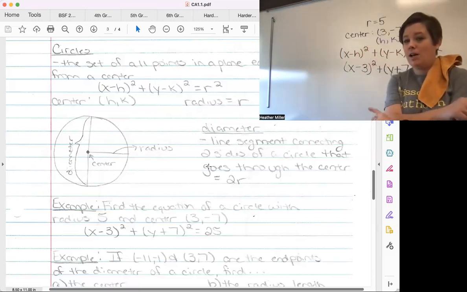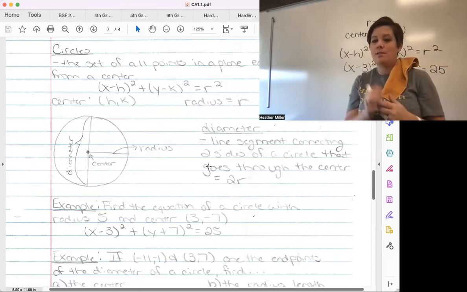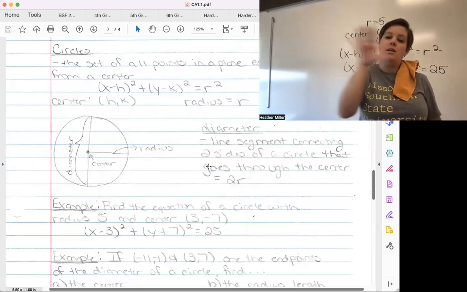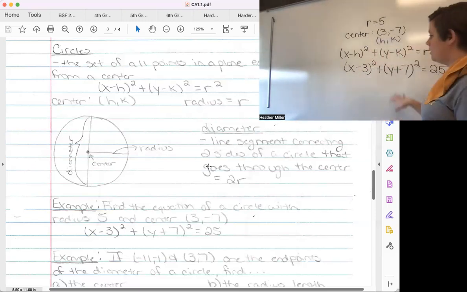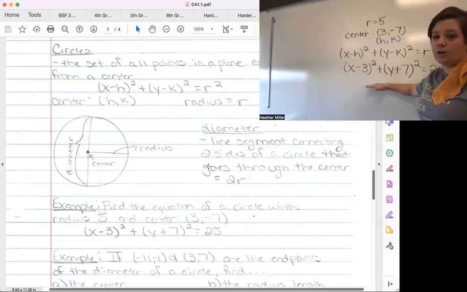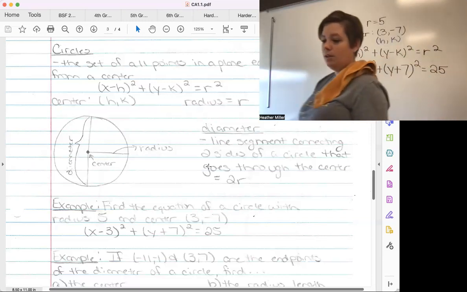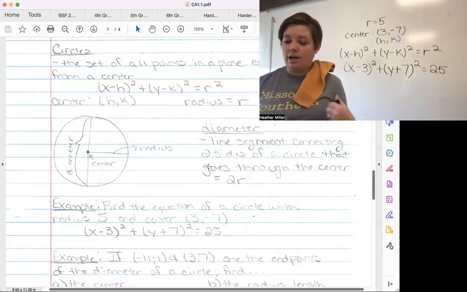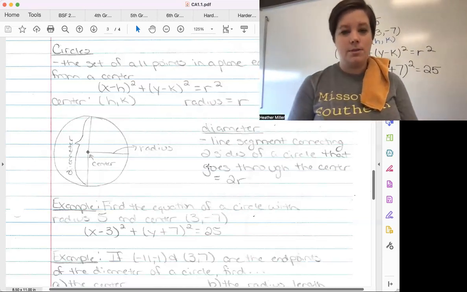And I see that happen a lot, where students will flip-flop the signs on those, which then means that instead of graphing their circle up here, they end up graphing their circle down here, and it makes it incorrect. So do be careful on that if you go from the circle equation up to finding the center and the radius. And like I said, we are going to do a couple of those in just a minute. So you'll see that played out.